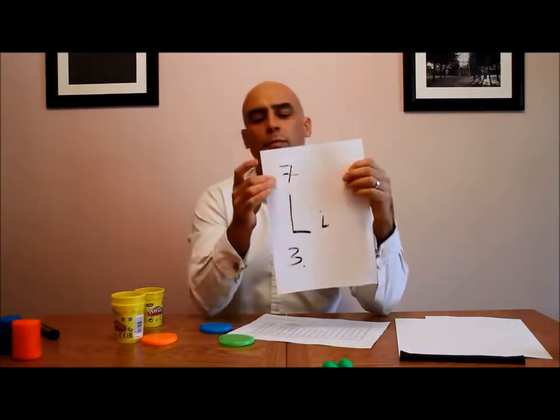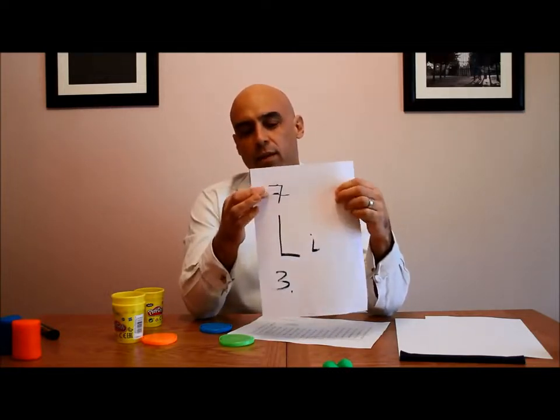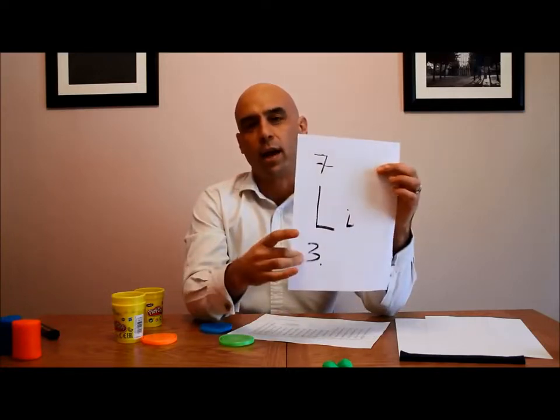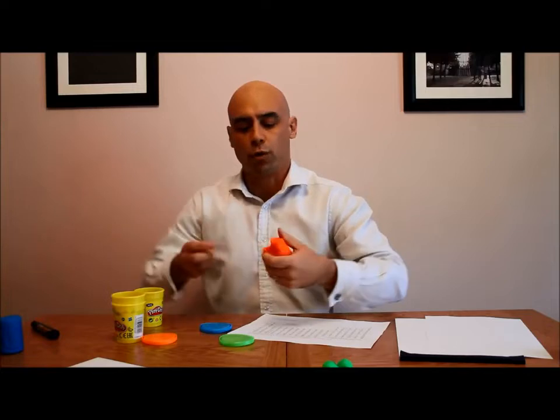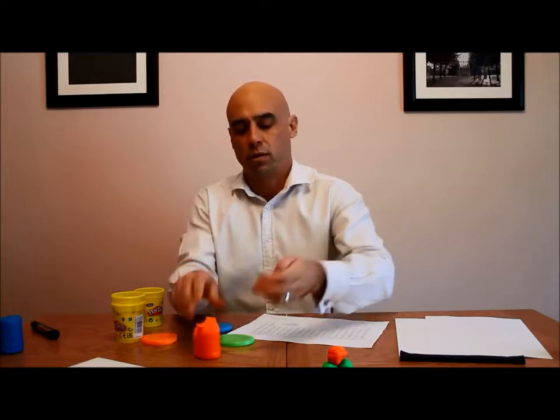Now, the number at the top is the number of protons and the number of neutrons together. So if you want to work out how many neutrons we need, it's 7 take away 3. So what we'll do is we will add our 4 neutrons, and these should be the same size as our protons. A bit more to that one.